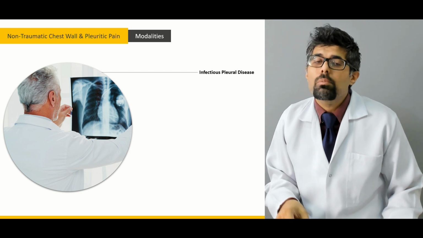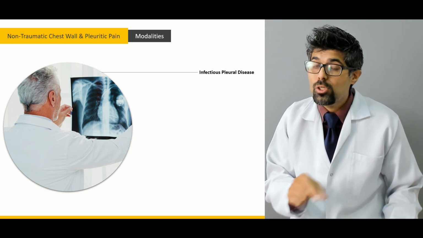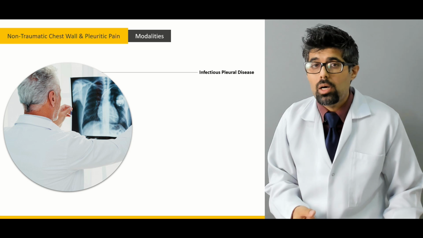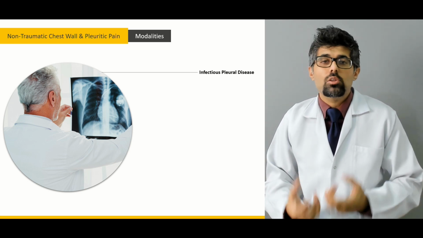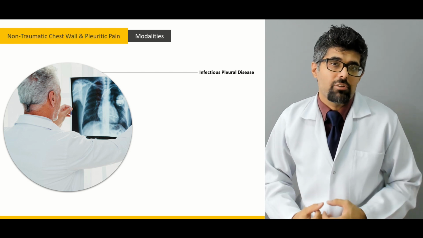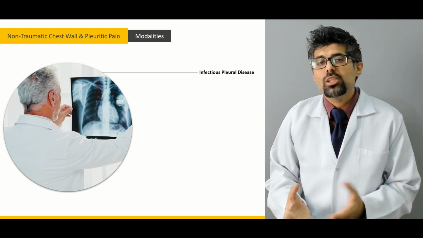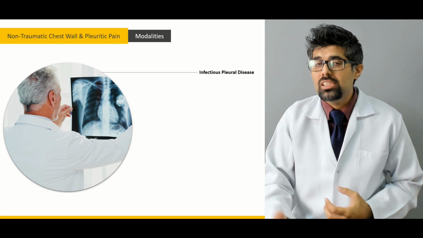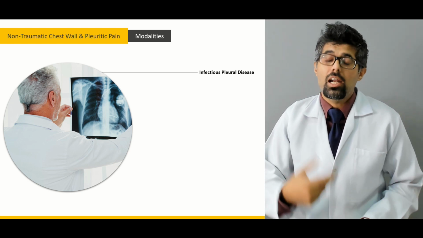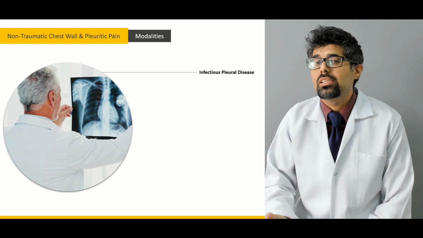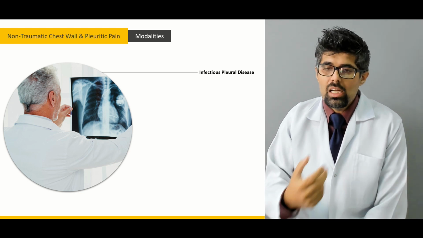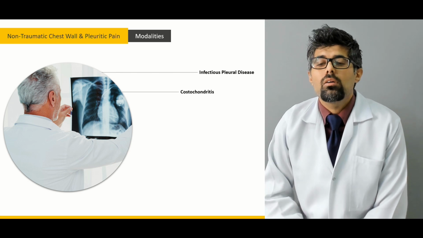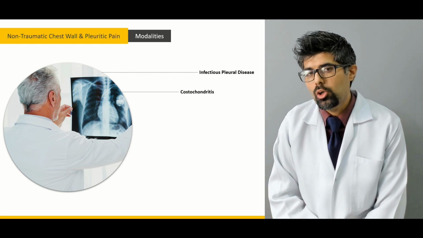This type is what we usually find in empyema. Now chest empyema is defined as the presence of pus in the chest cavity. So an infection can result in both serous pleural effusion and empyema, or the presence of pus in the chest cavity. Next example would be costochondritis.